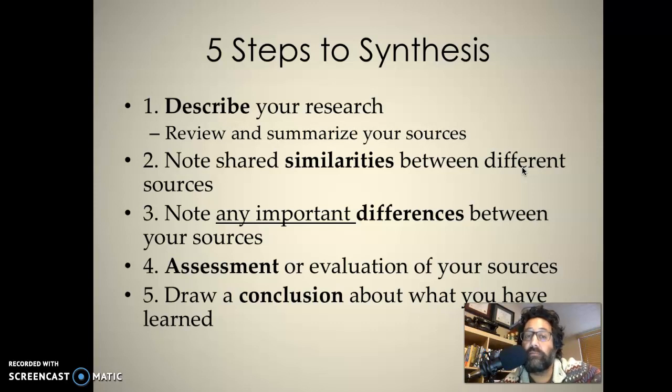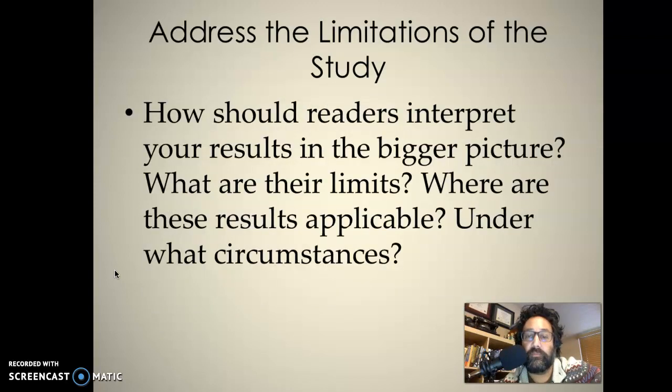But either way, that's okay. You want to look at your sources, their similarities, their differences between their conclusions, evaluate your sources, and then draw a conclusion about, if there are any disagreements or differences of opinion among your experts, where exactly does that take place?